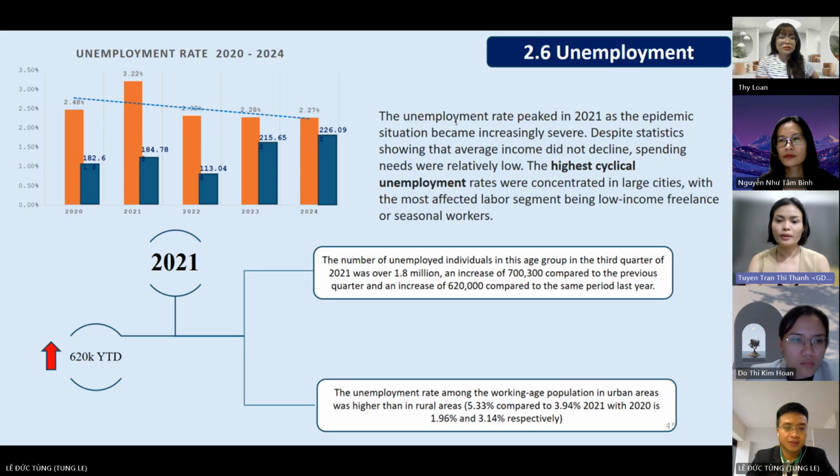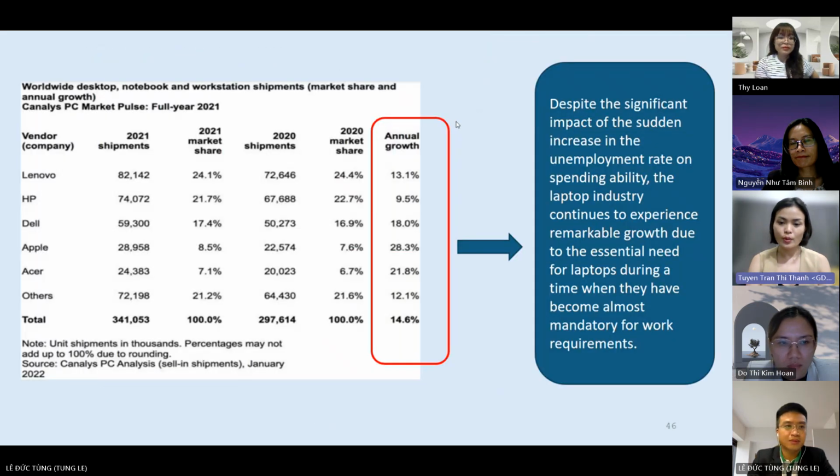And the unemployment rate among the working age population in urban areas was higher than in rural areas, 5.33% compared to 3.94% in 2021, with 2022 being 1.96% and 3.14% respectively.